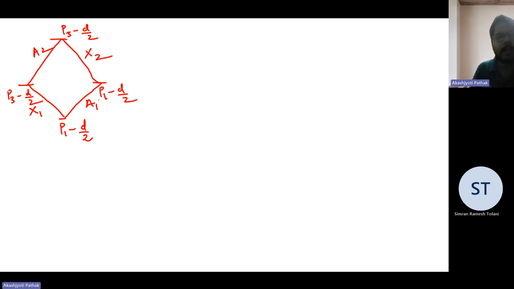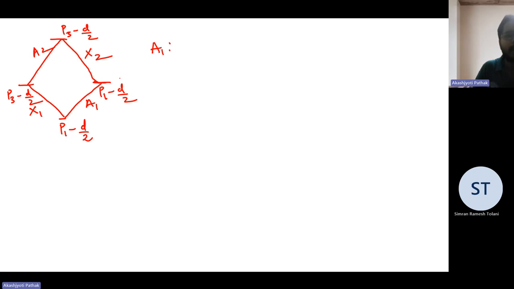We won't, right? Because of the saturating RF pulse, the population difference has become zero. This higher energy state is at a population of P1 minus D by 2, and the lower energy state is also at P1 minus D by 2.